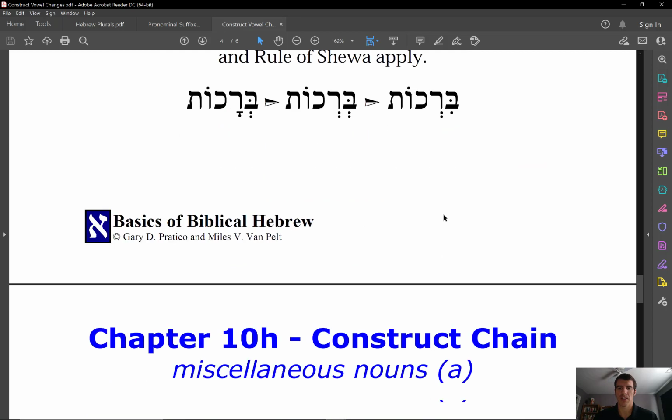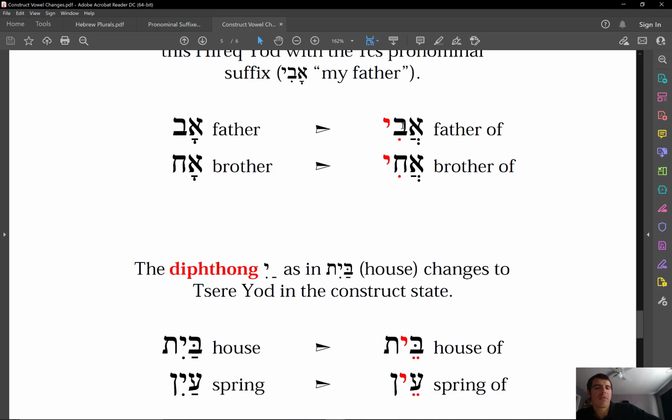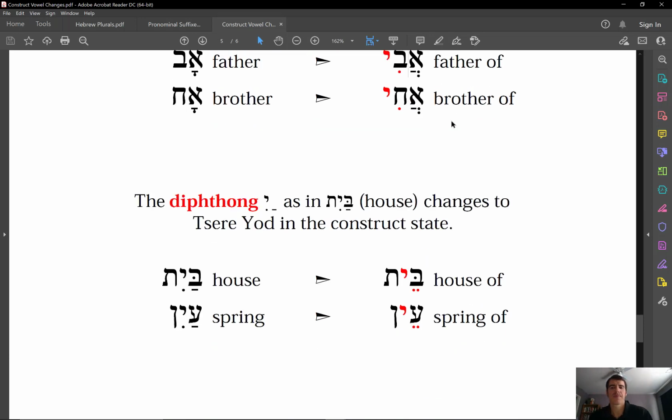And so that's important. We already talked about this, but av and ach become avi, achi in construct, and also for a pronominal suffix. So if you wanted to say my father, you'd say avi. But if you wanted to say your father, it'd be avika. If you wanted to say his father, you'd say aviv.